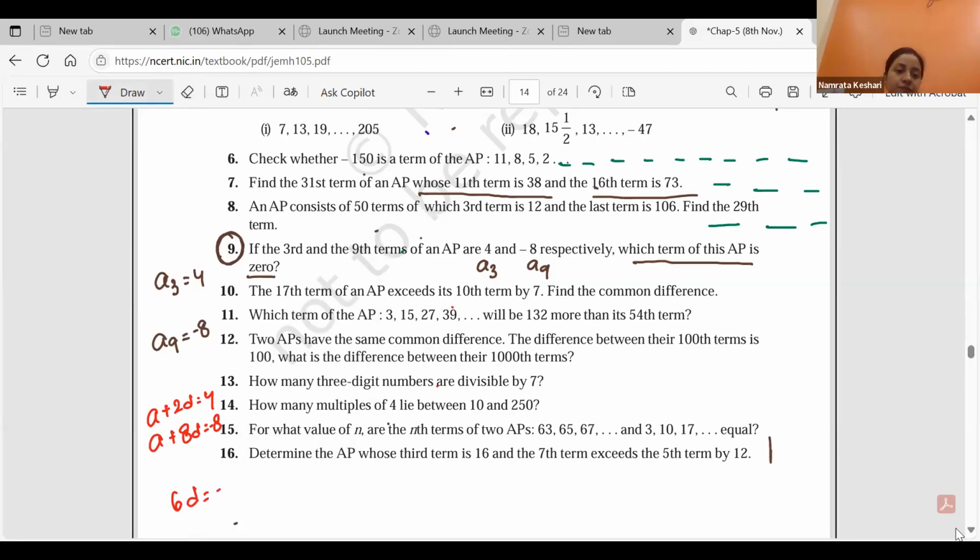Yeah. Okay, d is -2 and a is 8. Now it's asking that which term of the AP is 0. Can you see? Yes. हमसे पूछा जा रहा है इस AP का कौन सा टर्म 0 है.